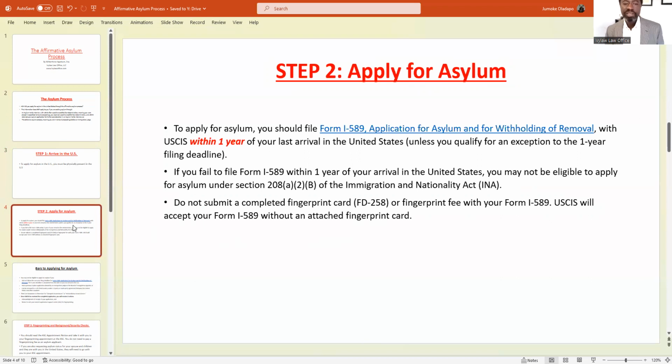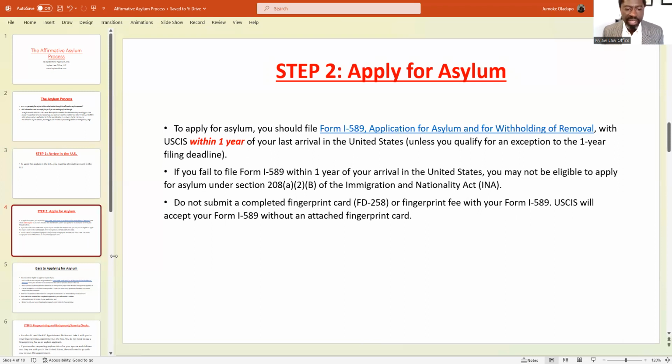To apply for asylum, you should file Form I-589, application for asylum and for withholding of removal, with USCIS within 1 year of your arrival in the United States, unless you qualify for an exception to the 1 year filing deadline. And there are very limited exceptions; if you need assistance, we can speak with you about that.